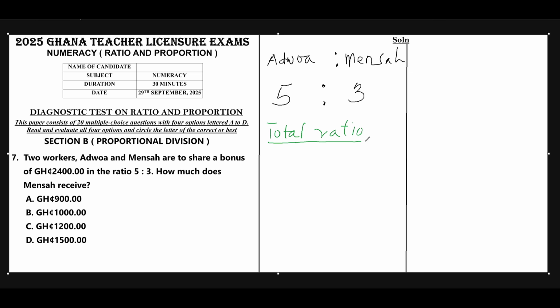How then do we calculate the total ratio? The total ratio will be the sum of the individual ratios. Ajua's ratio plus Mensah's ratio, and this will give us 8. So now if the total ratio, which is 8, goes with the total bonus, which is 2,400 Ghana cedis, then Mensah's ratio, which is 3, must also give us a certain amount of money.